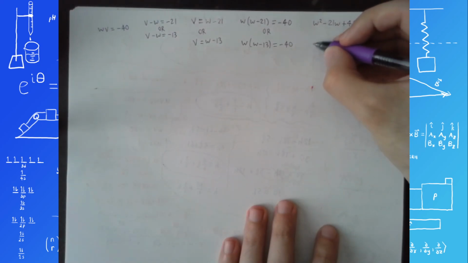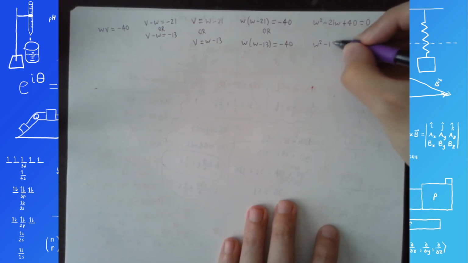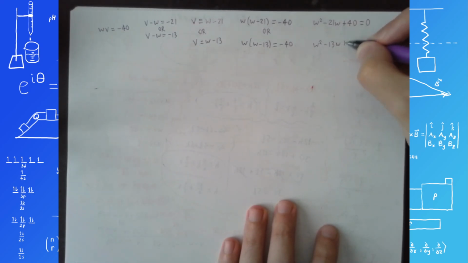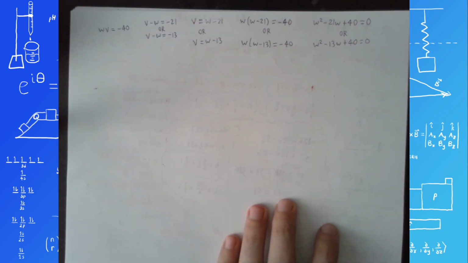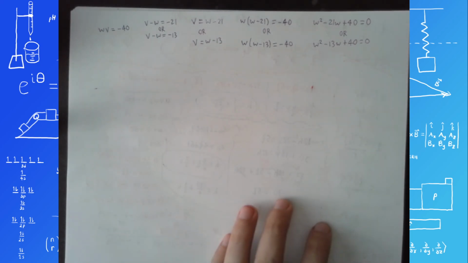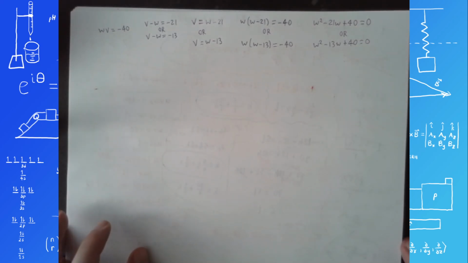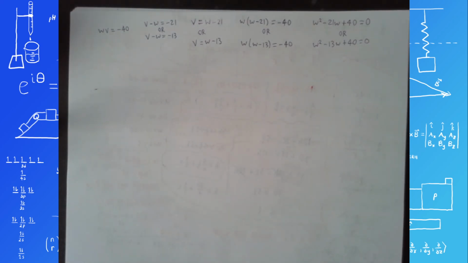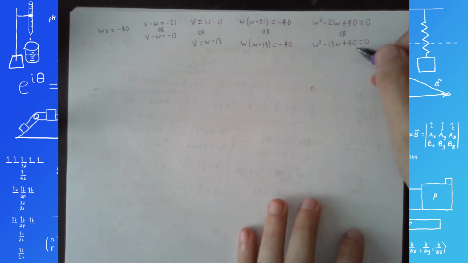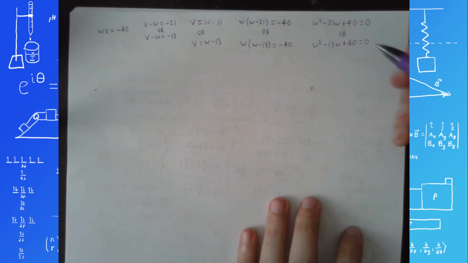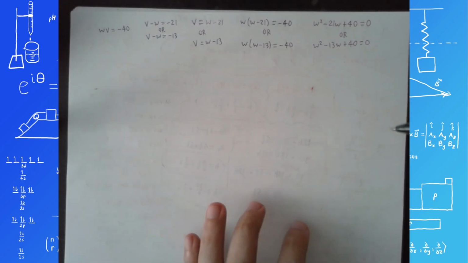Over here I get w squared minus 13w plus 40 equals 0. One of these I believe is factorable while the other is not. I believe the bottom one, negative 5 and negative 8, would multiply to give me 40 and would add to give negative 13. And then the other one, quadratic formula.